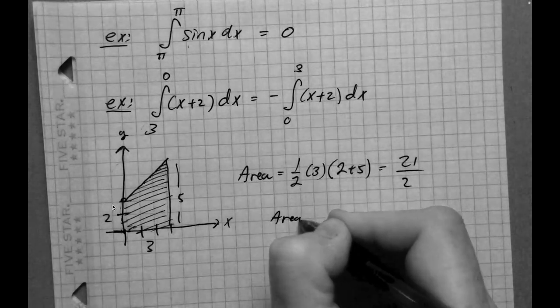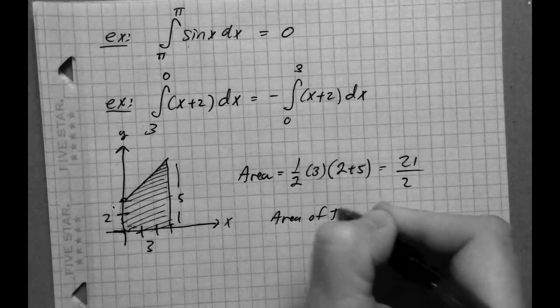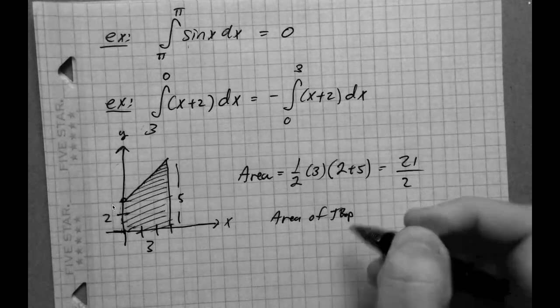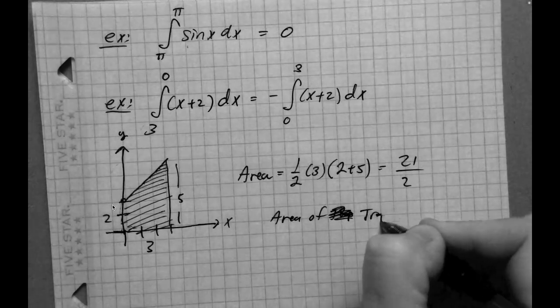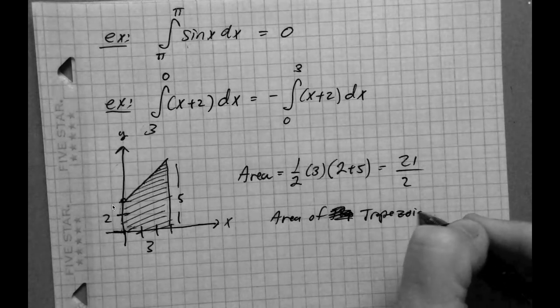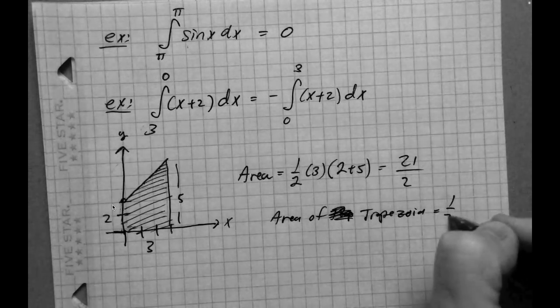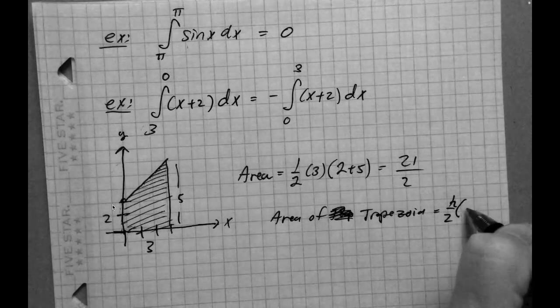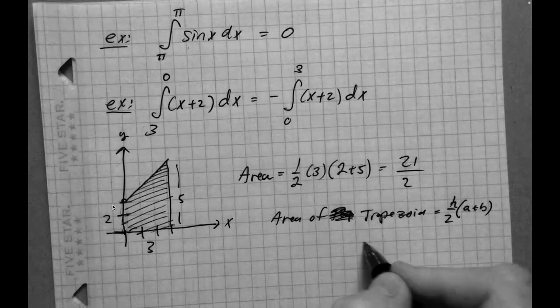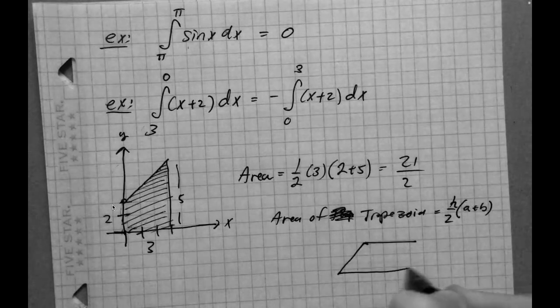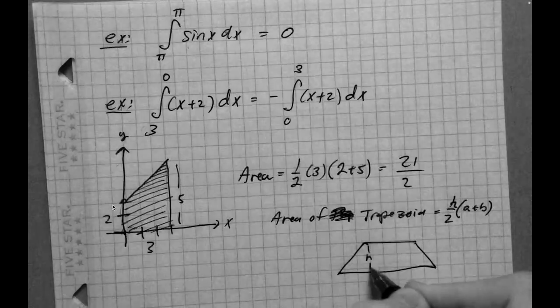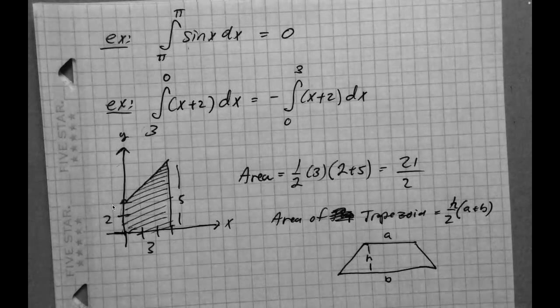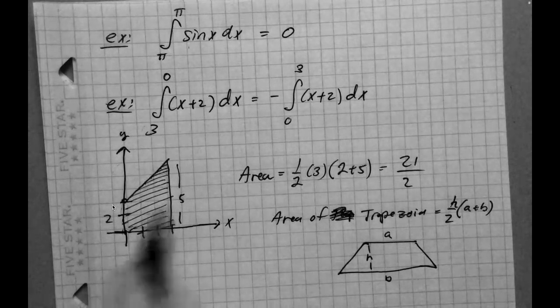So the area of a trapezoid in general is 1/2, well, there are different ways to write it, h over 2 times a plus b, where your trapezoid is like this. Okay, and so that's what we did.